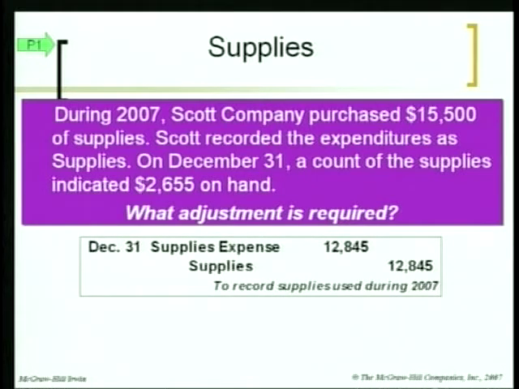So what do we do? We credit supplies. Supplies is a debit balance account. It's an asset. Thus, when we credit, we decrease it. And what do we book the debit to? Supplies expense. Are you with me?